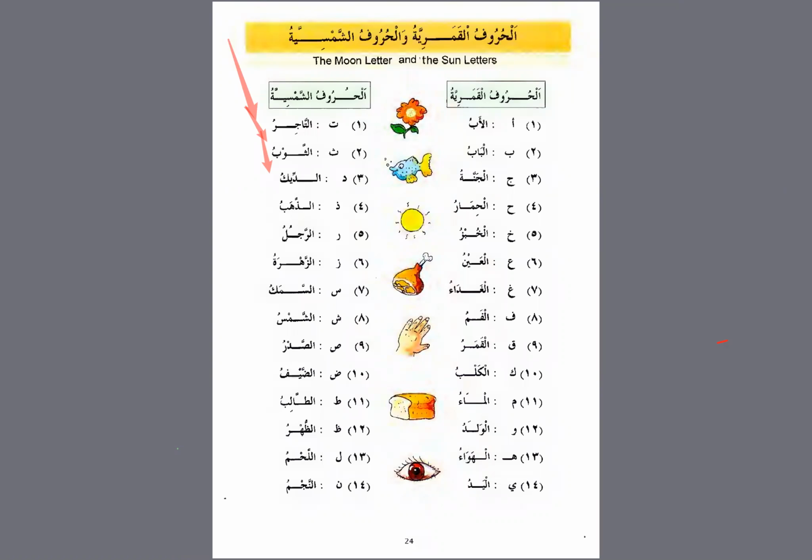الديك. Right, so we just said that on this side, we're going to drop the lam when we're pronouncing it. So how do you want to try again? الديك. Ad-dayku. Well done. And if you recall, what does ad-dayku mean?